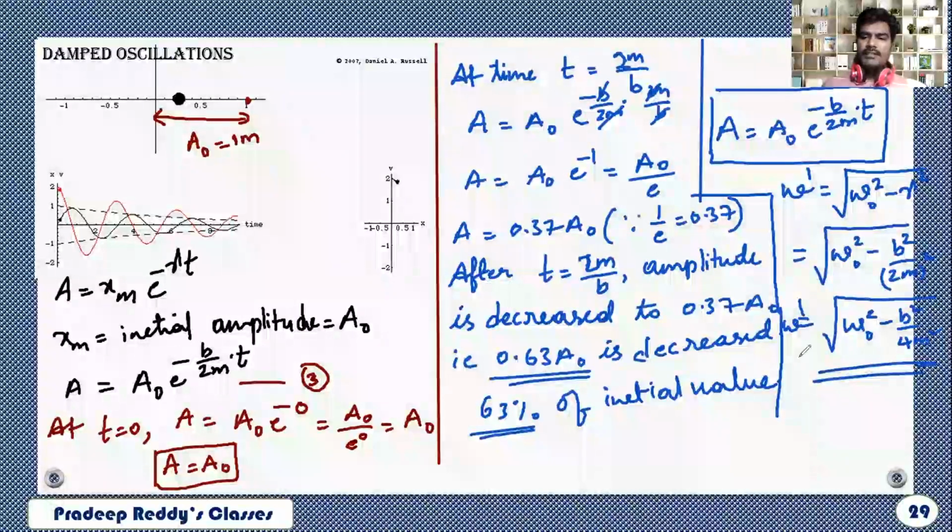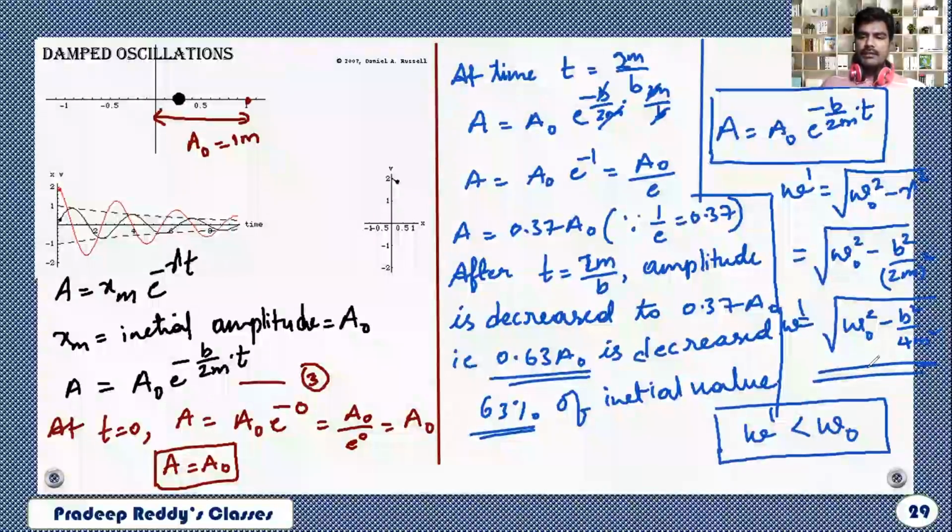Finally, omega dash is the frequency of damped oscillations and omega dash is less than omega naught. Clearly from the above equation we can get it. From this equation we can write omega dash is less than omega naught. Angular frequency also decreases with respect to time.